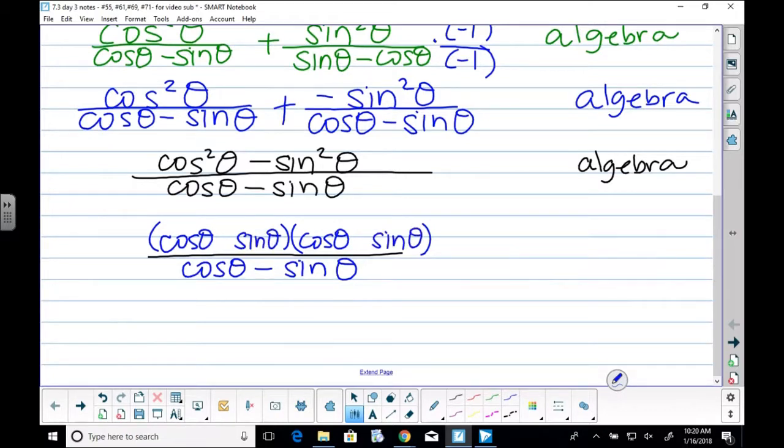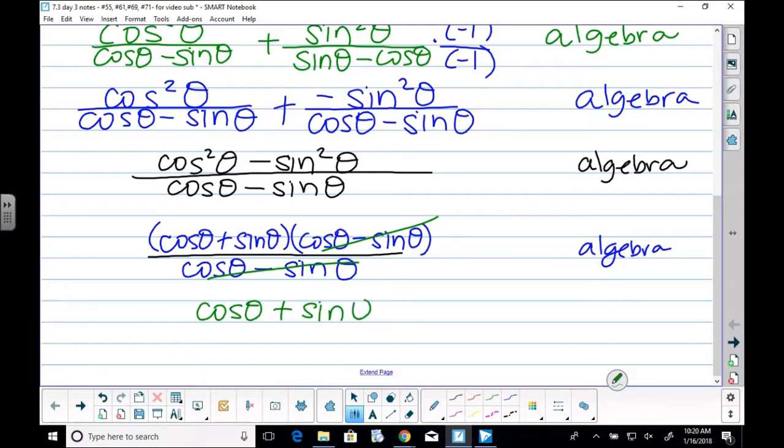So the numerator, one is going to be plus, one is going to be minus. It's the difference of squares pattern. That's just algebra. And then look, your cosine of theta minus sine of theta are going to cancel. And then you're left with cosine of theta plus sine of theta.